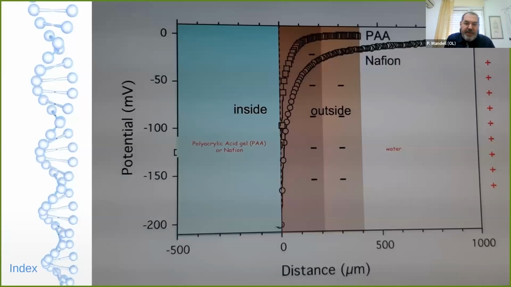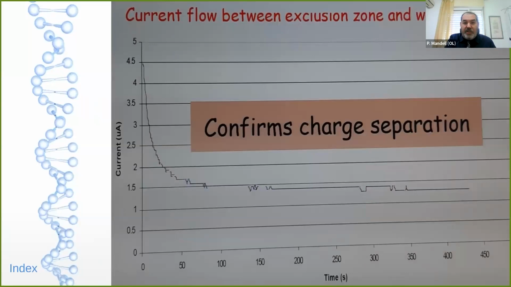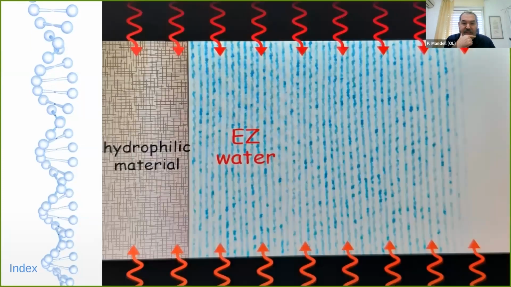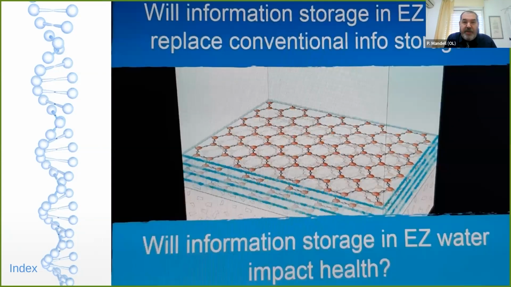Well, we've discovered that, and also here these charts are showing that there is a confirmed charge separation between the plus and minus. Okay, now how is this water being charged? Where is this energy coming from? Well, it turns out from light, particularly in the infrared region. This is the energy that charges the water and actually structures it.